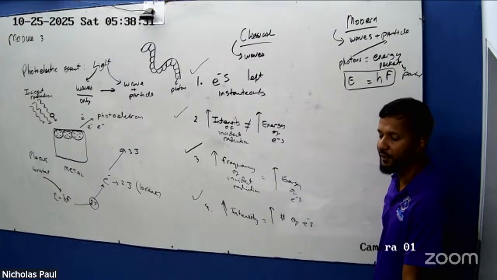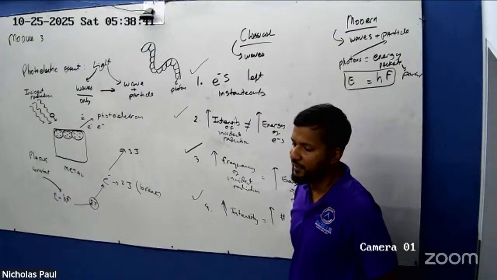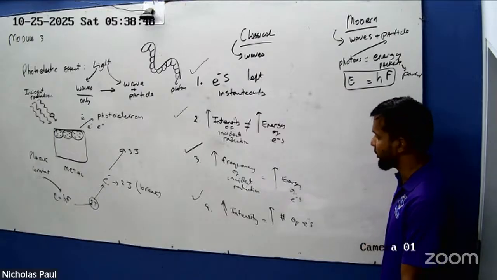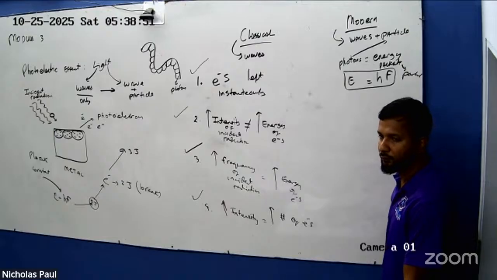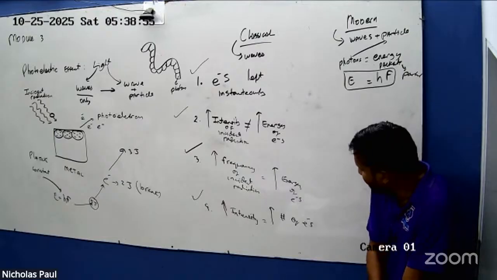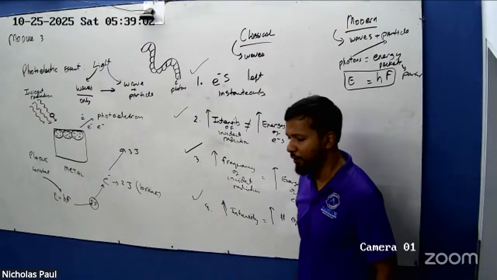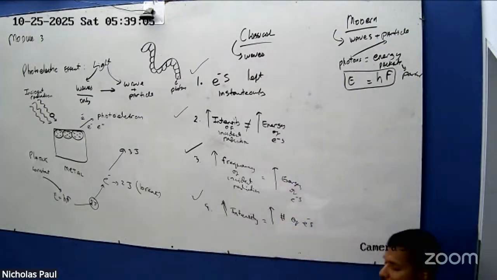An increase in frequency increases the energy of the incident radiation, and hence has more energy available for the leaving electrons.